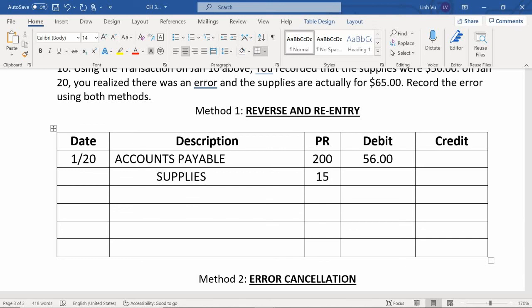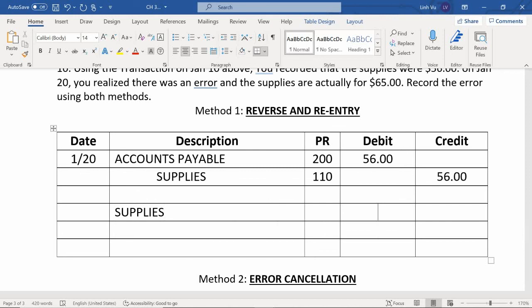It is the same. So 110, and it's going to the credit. That's how we sell. Now we have to buy it again, and we don't pay for it, the same. So supplies go to the debit.